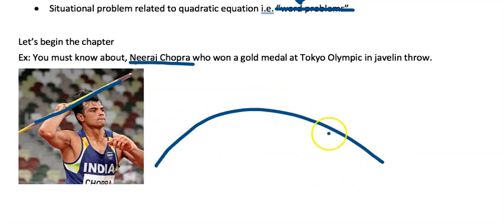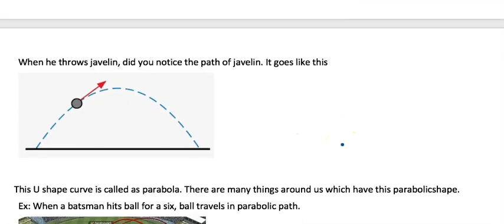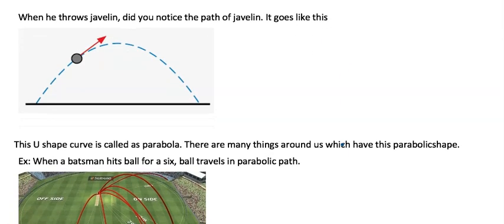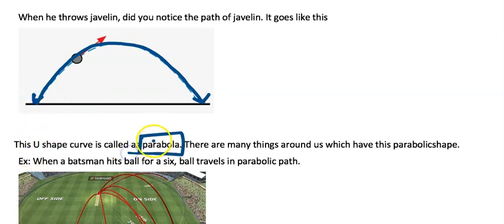So what is this U shape called? If you see this diagram, it is something like this. This is the javelin throw I am talking about, and this shape is exactly like a parabola. So a very important word which you have to remember is parabola. There are many things around us which have a parabolic shape.